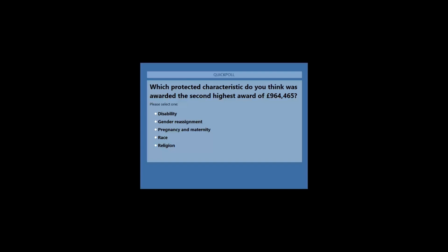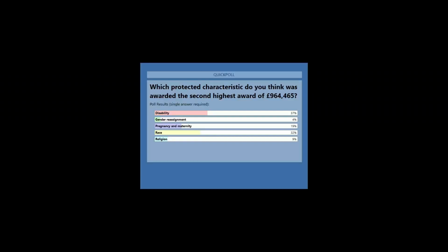Okay, I'll leave it open a little bit longer, final votes, and then I'll close it. Okay, I'm going to close the poll and share the results.